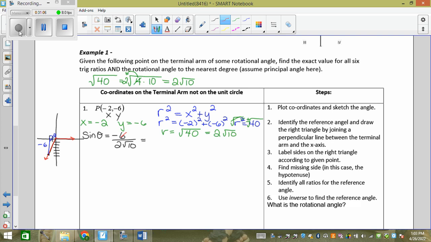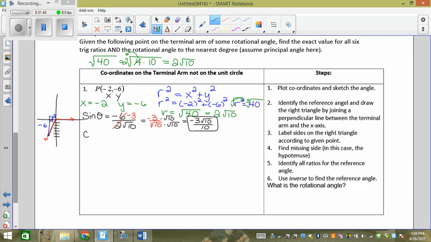So we're going to get negative 3 over root 10. Am I done? No, I need to rationalize my denominator every single time. That's why you're taught this in grade 11. Multiply by root 10, multiply by root 10, and so I get negative 3 root 10 all over root 10 times root 10, which is 10. Done. So I've done 1 trig ratio. I have 5 more to go.